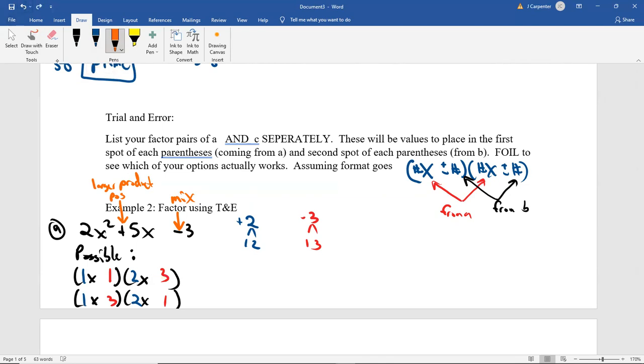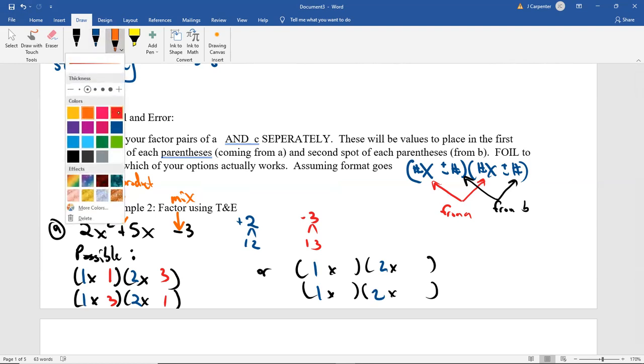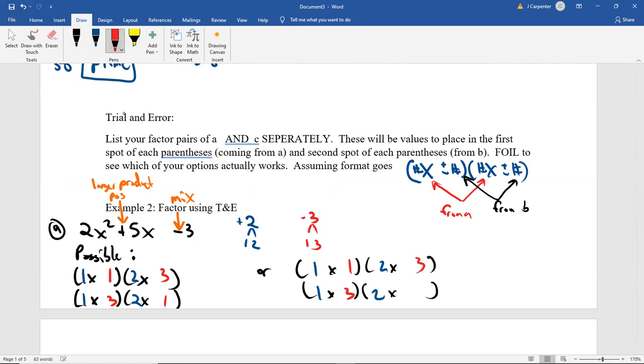Now some students will just go ahead and say, all right, well, let me just write all of these out because I'm not that great with arithmetic. So some students would go 1, 2, 2, 1, 1, 3, 3, 1.